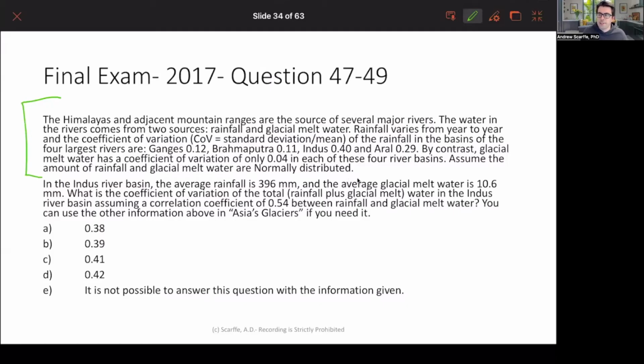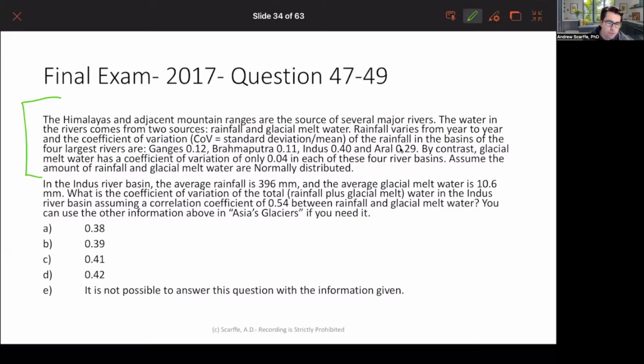I don't necessarily think that you're likely done this question, but let's go ahead and just work our way through it for the sake of time. So I'm not going to reread the whole question. I'll read the second bit of this question. So in the Indus River Basin, the average rainfall is 396 millimeters. The average glacial meltwater is 10.6 millimeters.